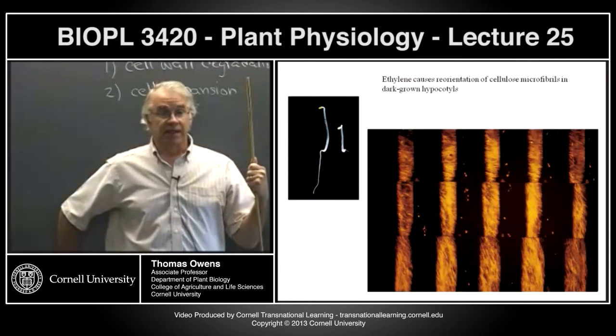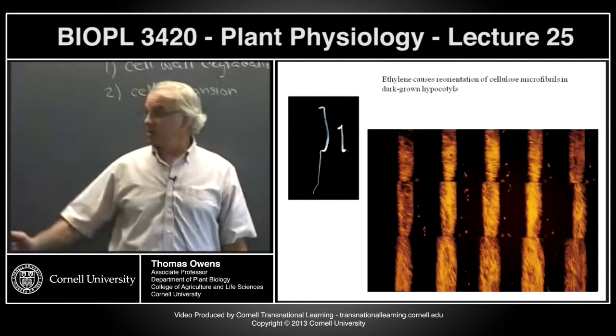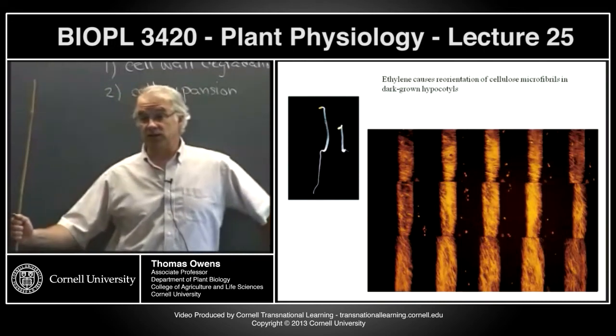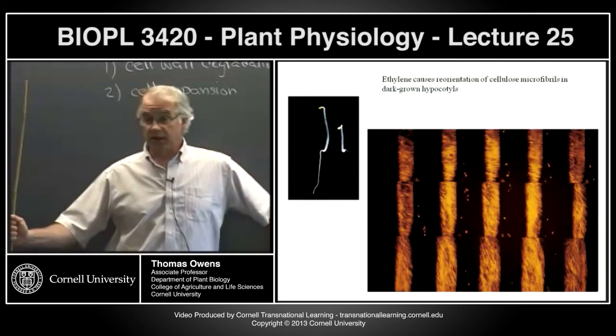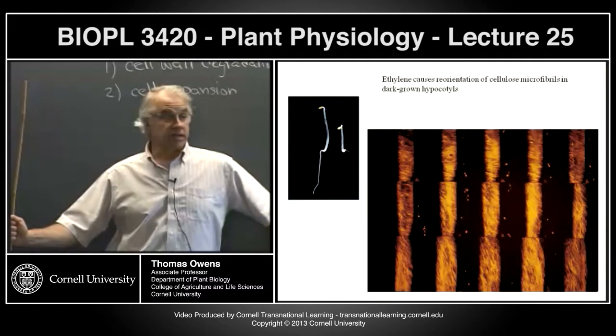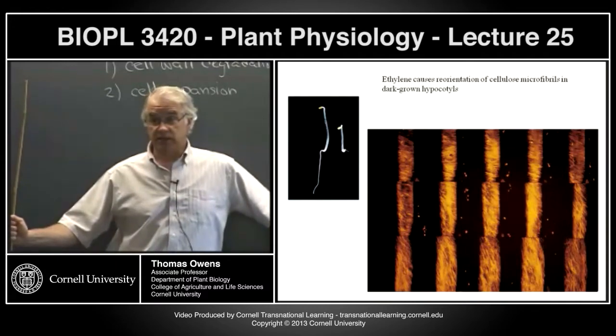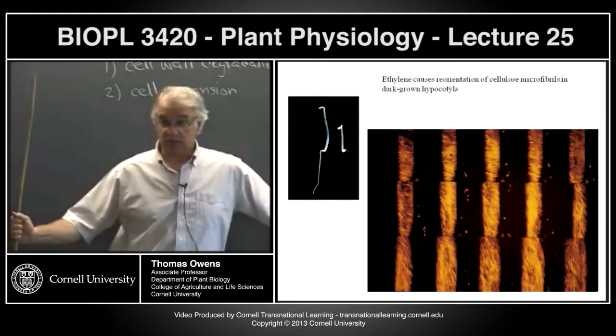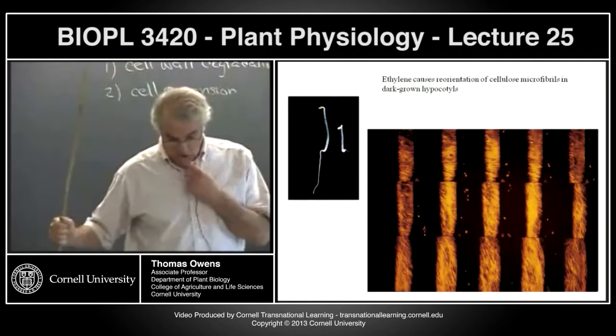What's the ethylene signal transduction pathway that starts with the perception of ethylene and ends up with the reorientation of these cellulose microfibrils and the cytoskeleton? I don't know what the answer to that is. But you should be able to at least consider the physiological significance of this.